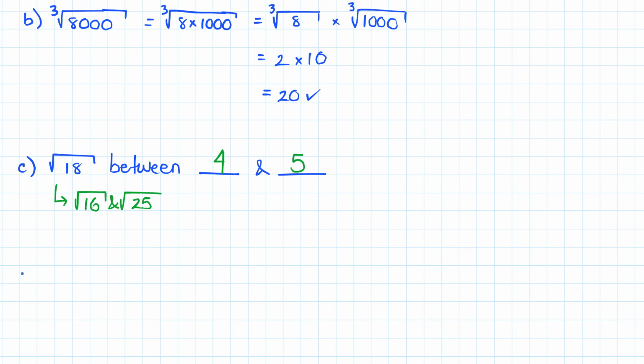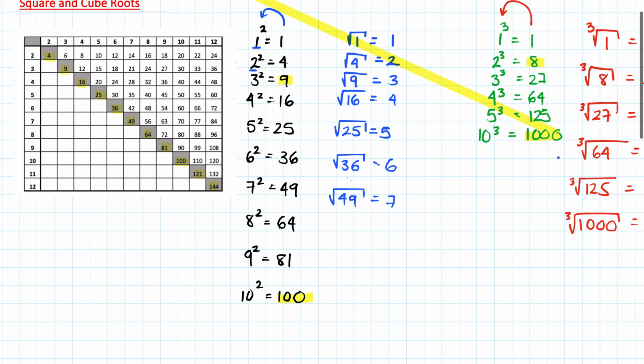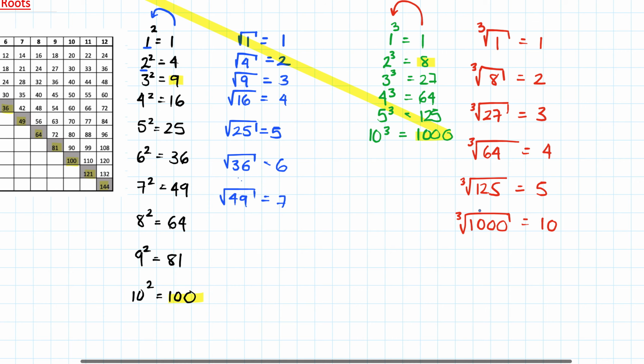Now let's go and do this one. The cube root of 121 is going to lie between which numbers? So again, we're going to do exactly the same process of thinking. So we have to think about this number. This cube root is between which numbers? So if we look up here, we're thinking about 121.